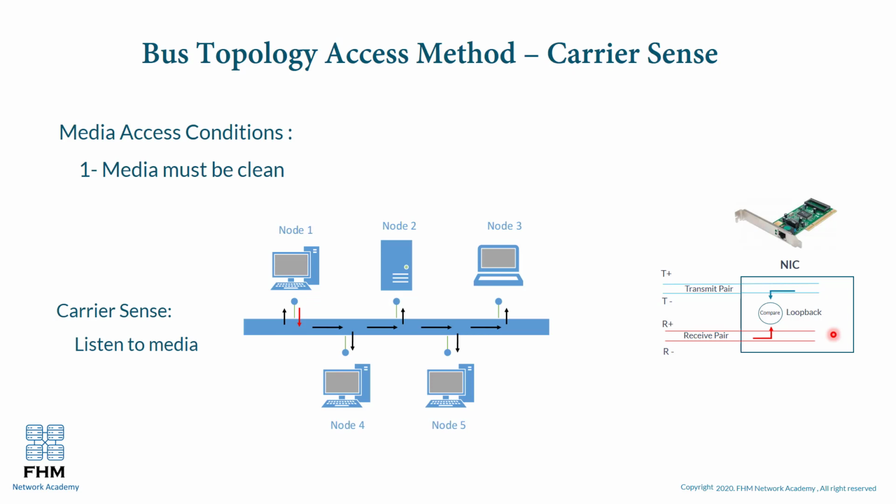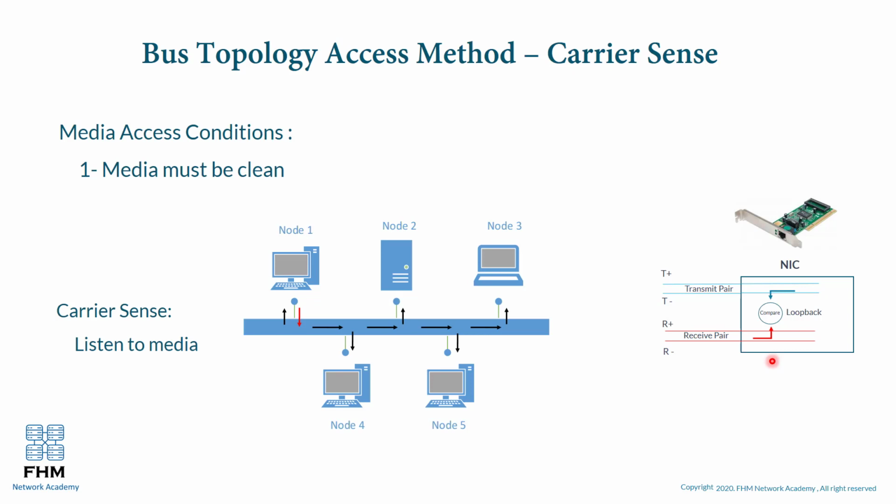So it is important for all nodes to ensure that the media is clean before sending any signal. This is where the network interface card receive pair comes into action and receives all signals from the media. As it receives signals from the media, the node realizes whether the backbone or network is clean or not.